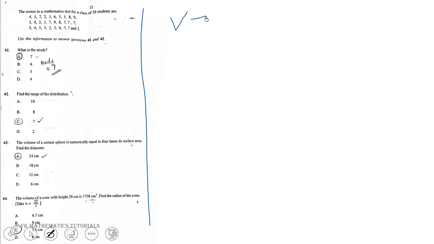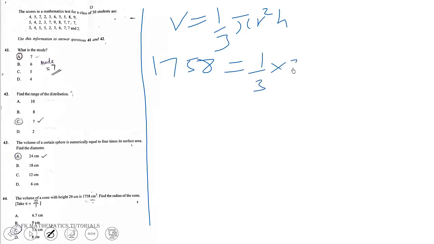So volume of a cone is given by 1 over 3 pi r square h. And we're given that 1758 is the volume of the cone, and it is equal to 1 over 3 times 22 over 7 times r square times 29.